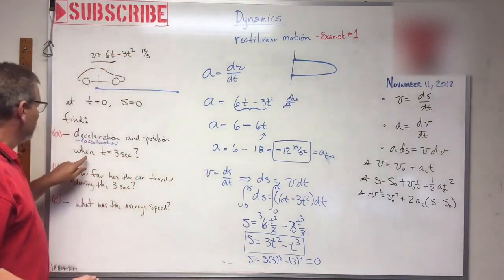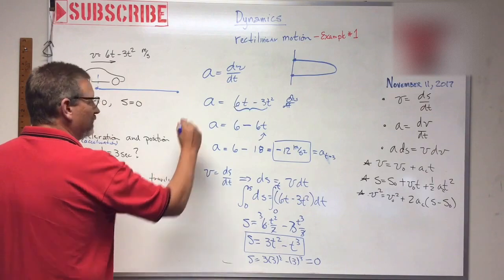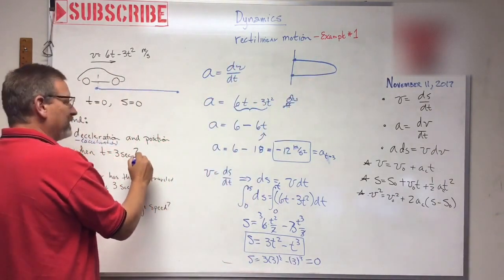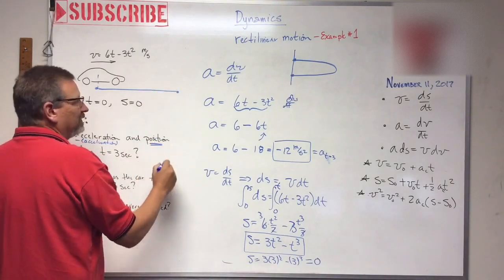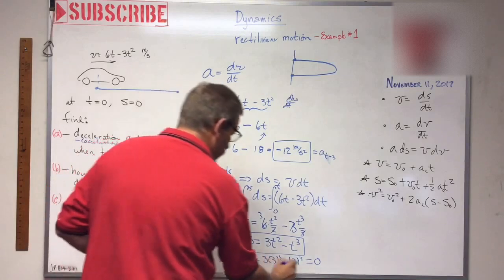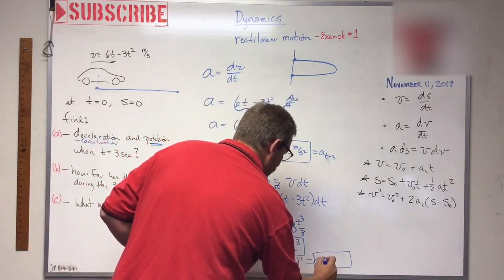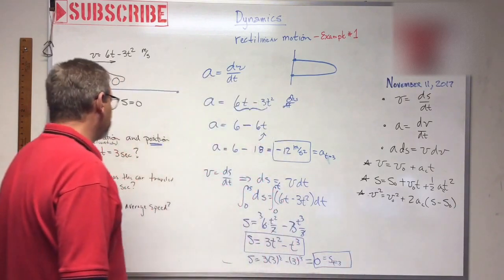So at 3 seconds, the deceleration was negative 12 meters per second. So he's speeding up as he's coming back this way, right? But at 3 seconds, he's back where he started from. So the position is 0, okay? So 0 equals s at t equals 3 seconds, right?